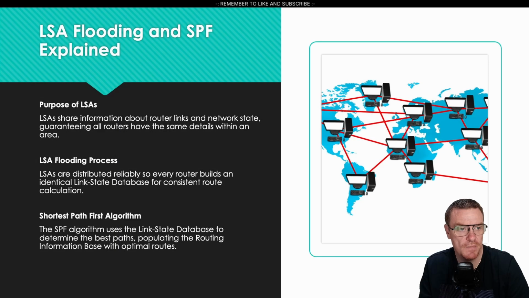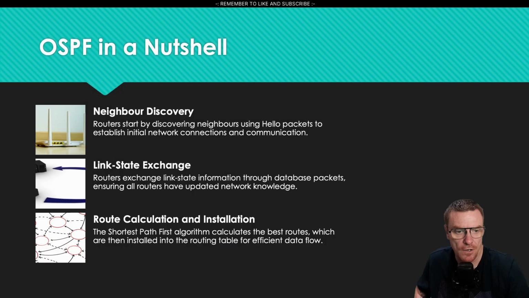So these packets, these LSAs, are sent out by all the routers operating within the OSPF area, so that they can see each other and share database information between all of the routers so that everyone stays up to date. So in summary, OSPF is a 5-step process of discovery before they calculate and install a routing table.